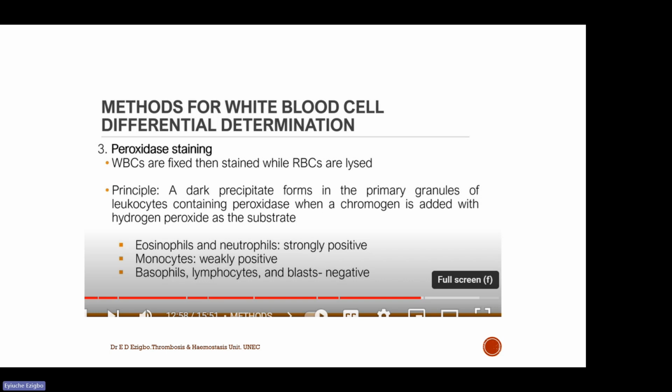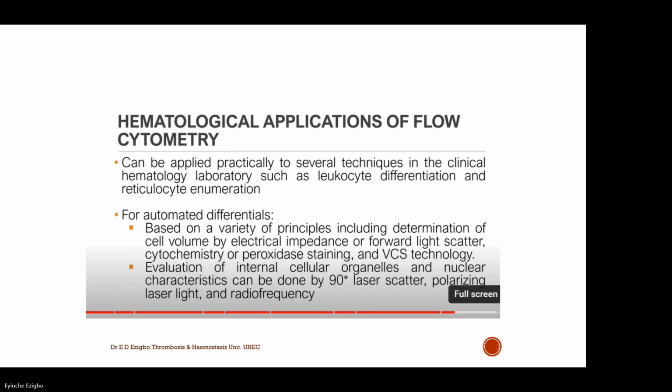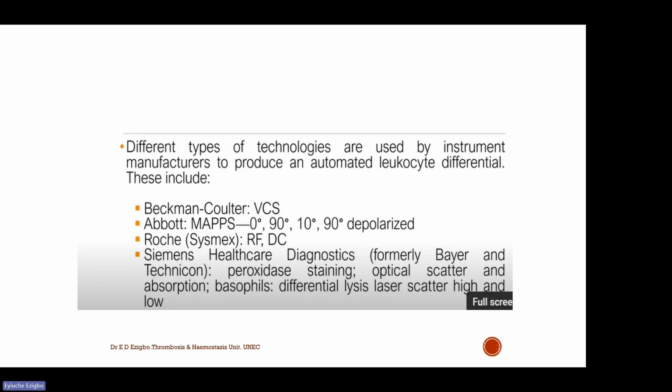Some instruments use peroxidase staining to count the cells. Flow cytometry is also being used, but I want to get to the optical method principle for cell analysis. This is just trying to tell us the different instruments and the principles they use to count cells.